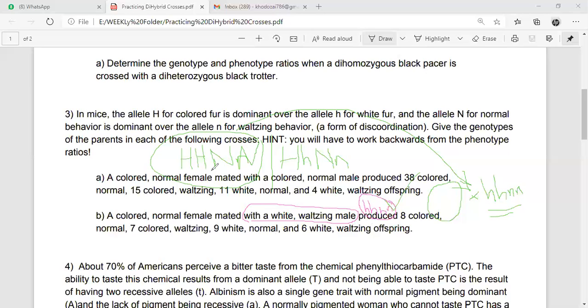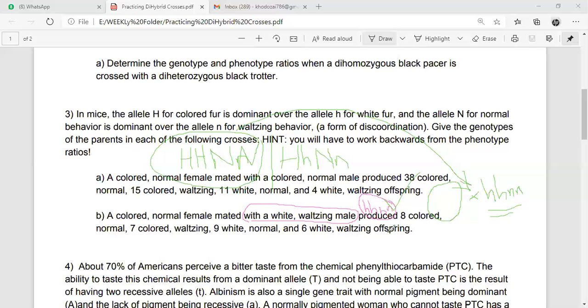This term is known as test cross. If the female was homozygous dominant, meaning all alleles are capital H, capital H, capital N and capital N, and we cross this with the male, all the kids should be colored normal.